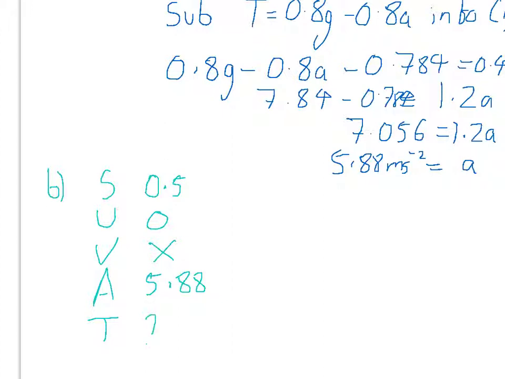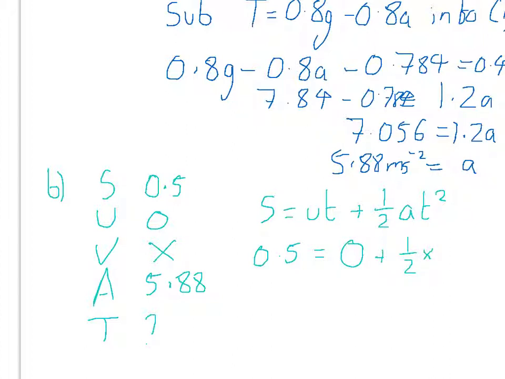Now if you remember your SUVAT equations, we're going to use s equals ut plus a half at squared. So 0.5 equals, for the first bit, 0 times the time, so that's 0 plus a half times 5.88 times the time squared.